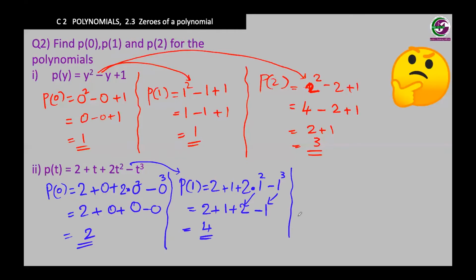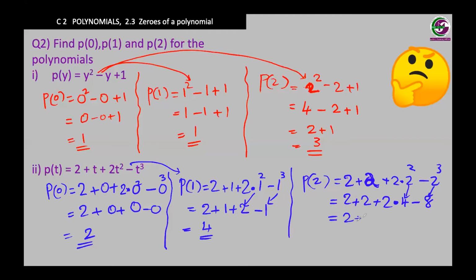And the last one from this, P(2) is equal to 2 + 2 + 2 times 2² − 2³, which is equal to 2 + 2 + 2 times 4 − 8. 2 square is 4 and 2 cube is 8, which is equal to 2 + 2 + 8 − 8.